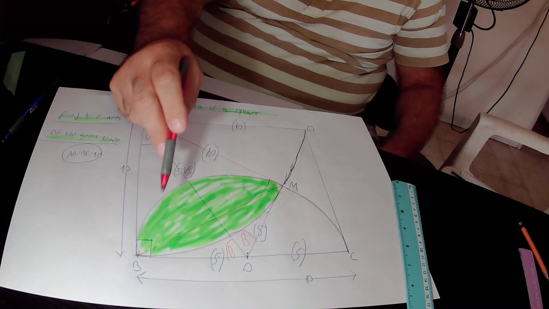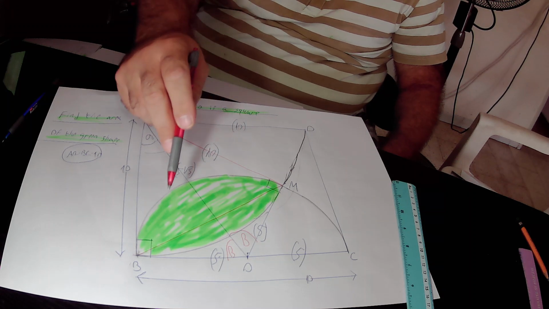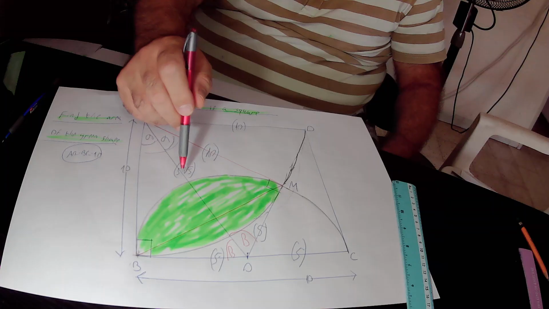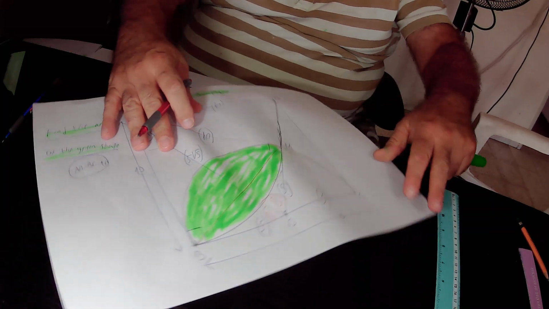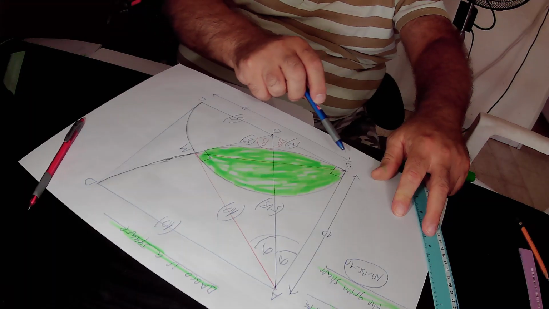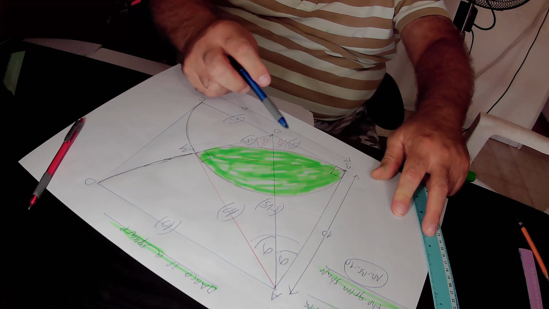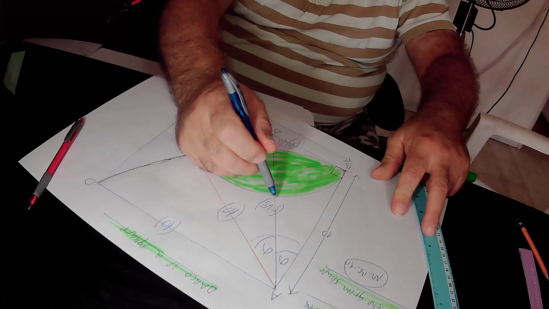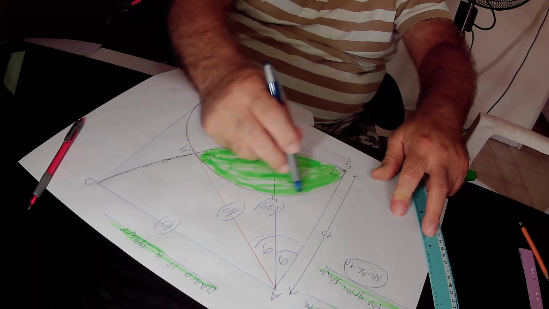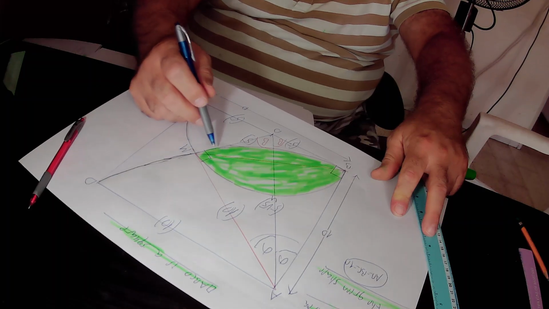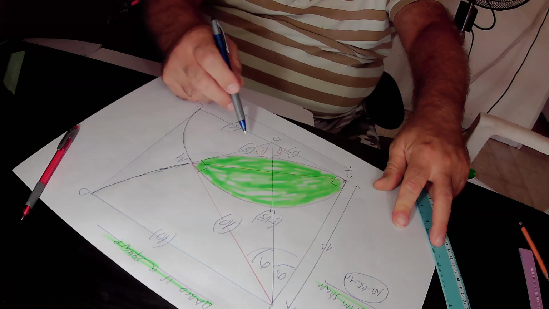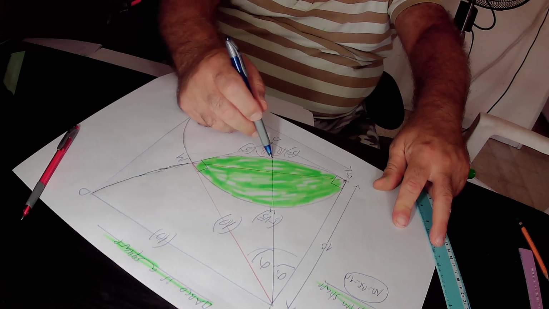So we define the upper segment as segment BUM, and we define the lower segment as segment BLM.